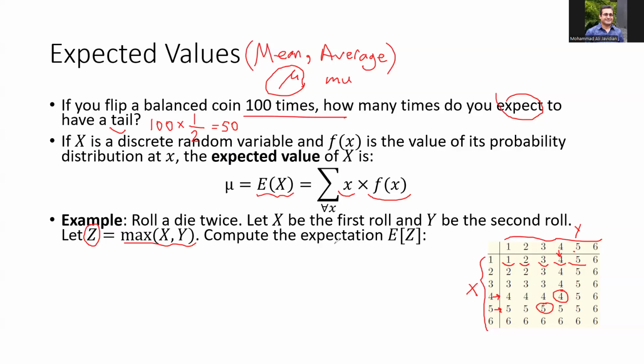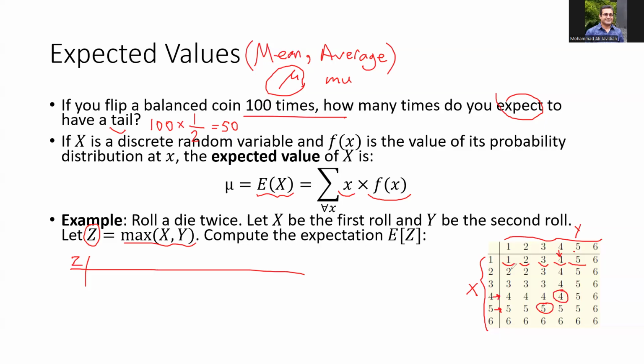So I want to compute the expectation of this random variable. I need to compute the probabilities for this random variable z first. So what are the values for this random variable z?